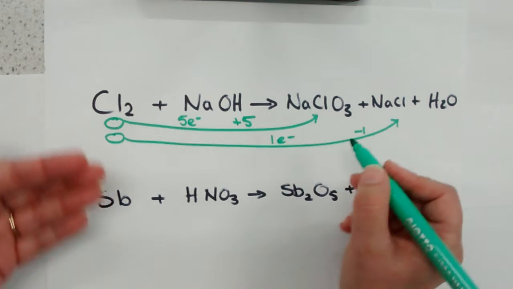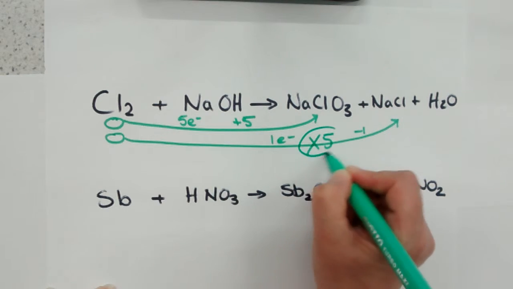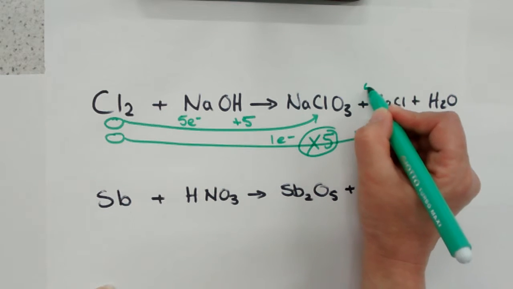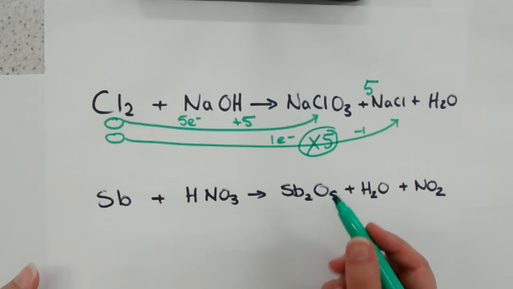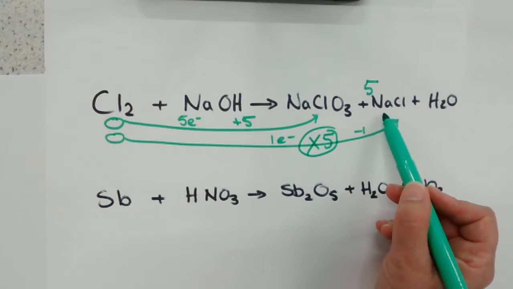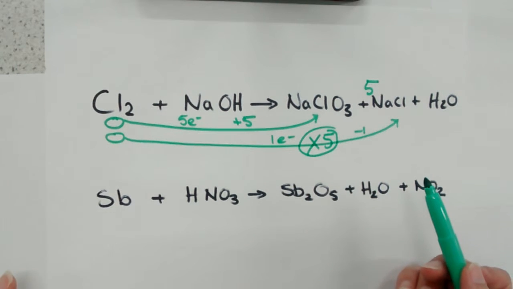That means that for this equation to balance, we need to times this whole bit by 5 here. So we need to put a big 5 in there to start with, to say that for every one of those that was made, 5 of those had to have been made so that our oxidation state changes cancel.